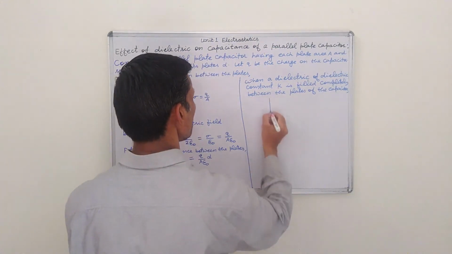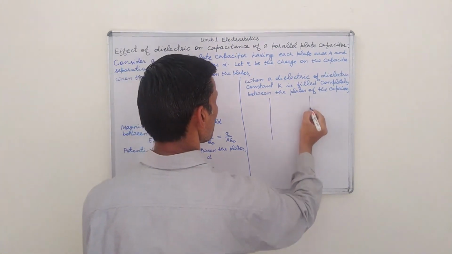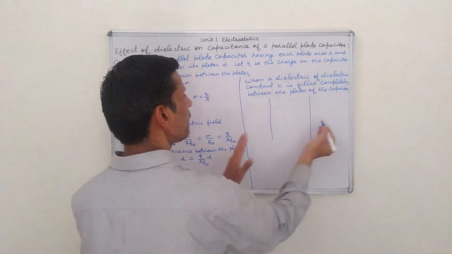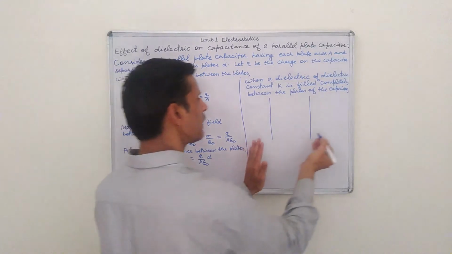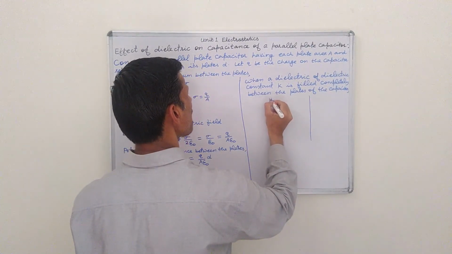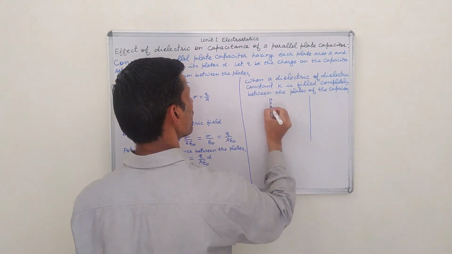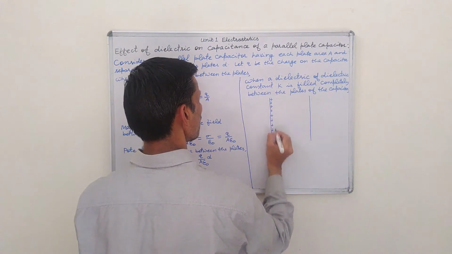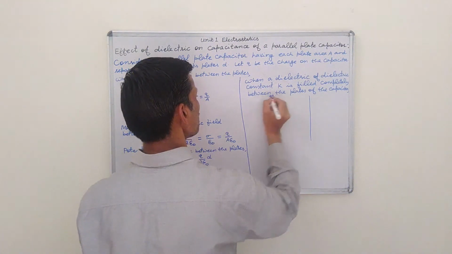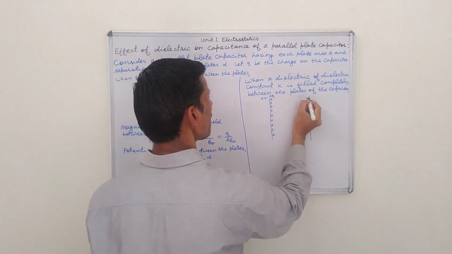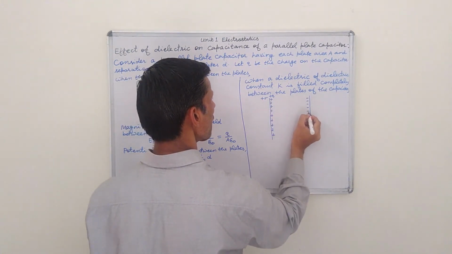So see, this is capacitor with plate area A, separation between the plates D. First plate is having plus Q charge. Surface charge density plus sigma. Second plate, it is having minus Q charge.